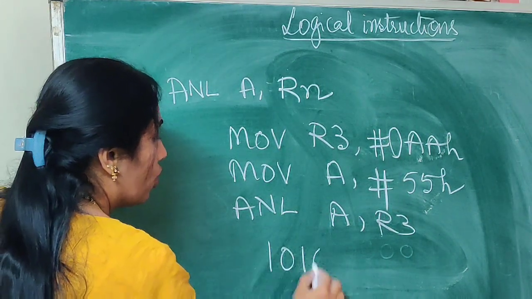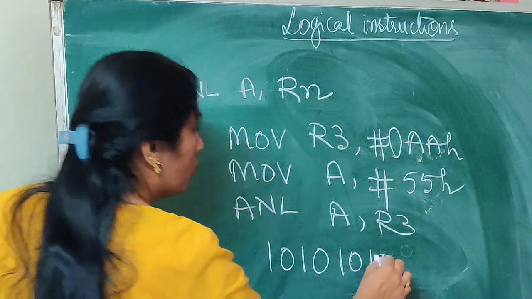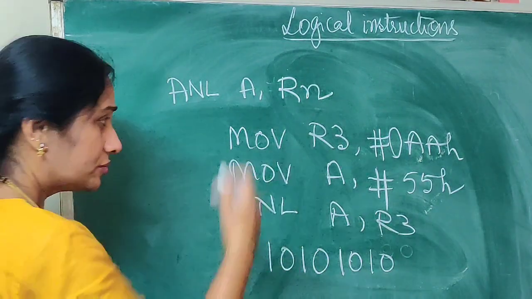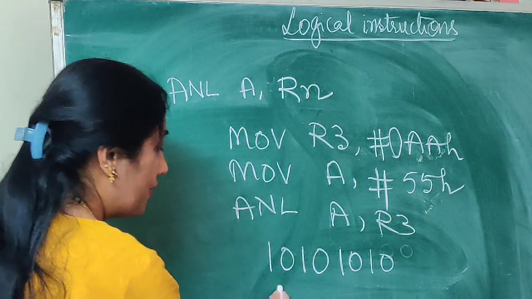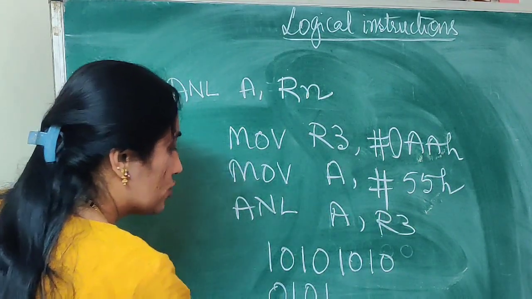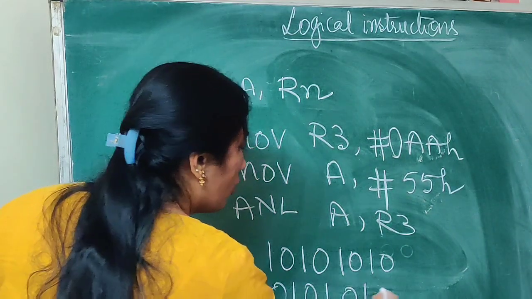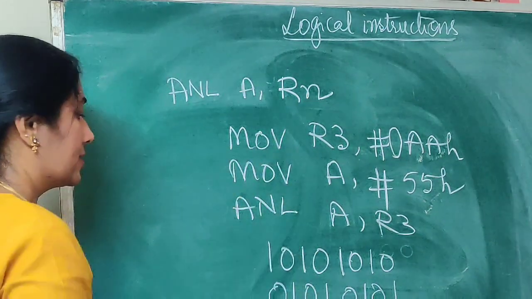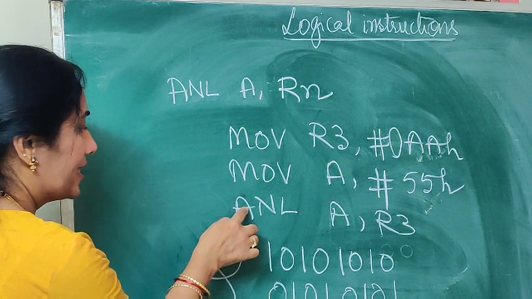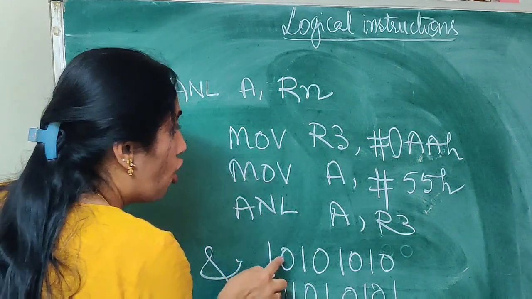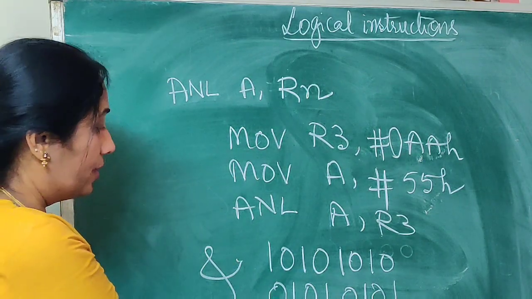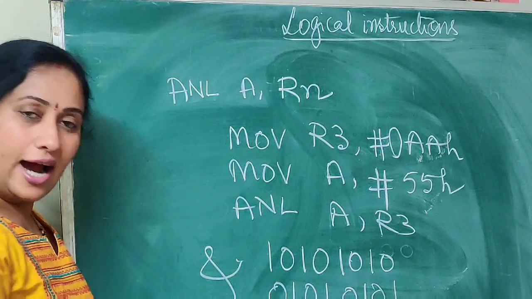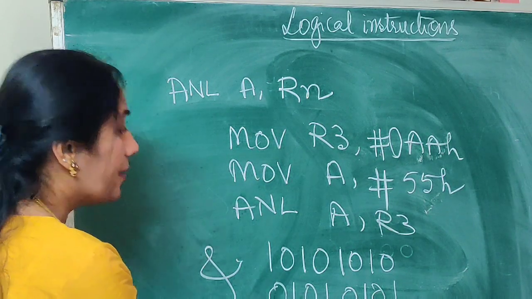AA in binary, 1010 1010. This is going to be the AA binary equivalent. 5 hex, 5 is 0101, and this is 0101 0101, 55 hex. When this instruction gets executed, the contents of R3, this is the content of R3, and this is the content of the accumulator, both are going to get ANDed, and the result is going to be like this.